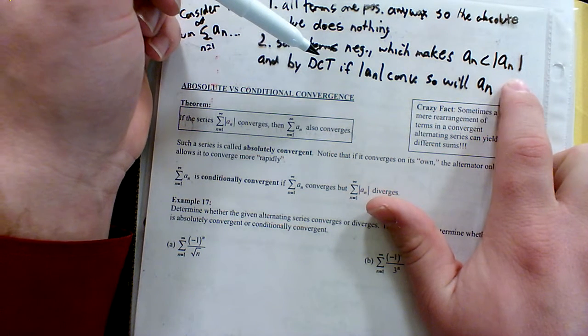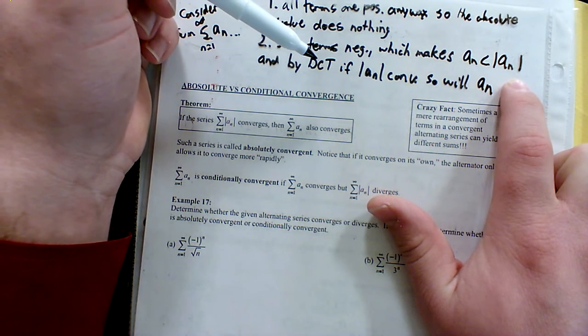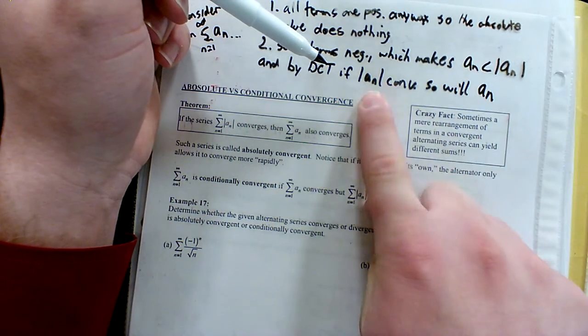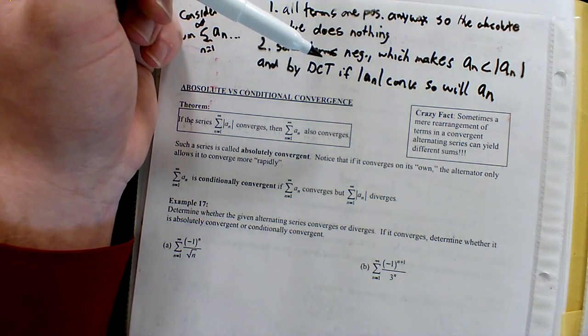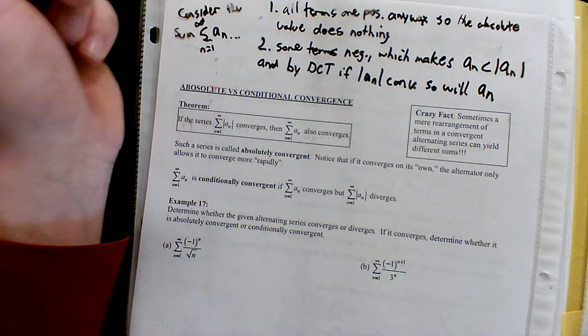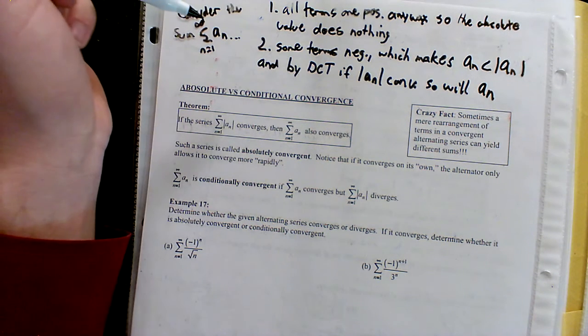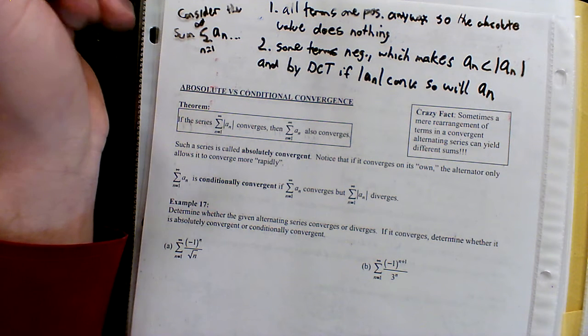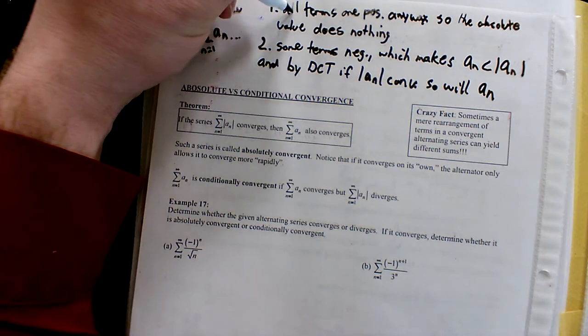If the absolute value one converged, then you know an will also converge because it's smaller. The top one, if it's already all positive, the absolute value is not going to do anything to it. So you're just adding the same terms. So that's what those two points mean.